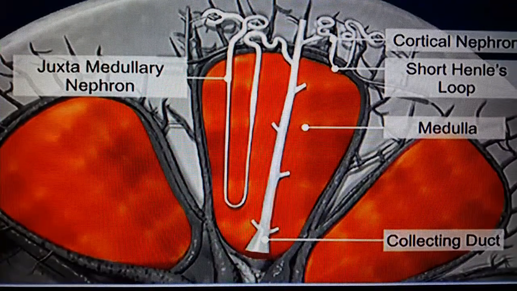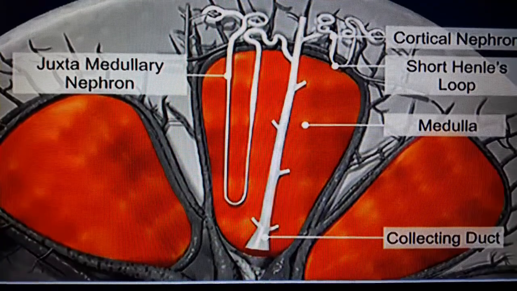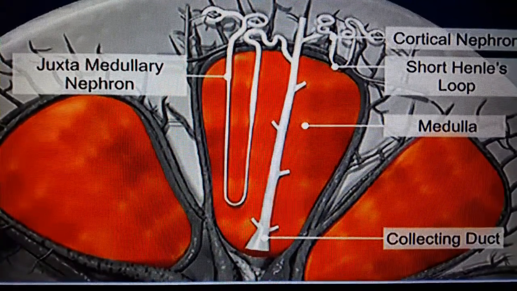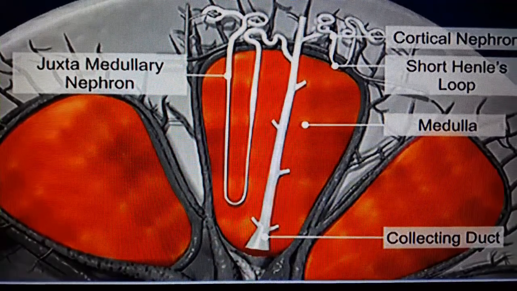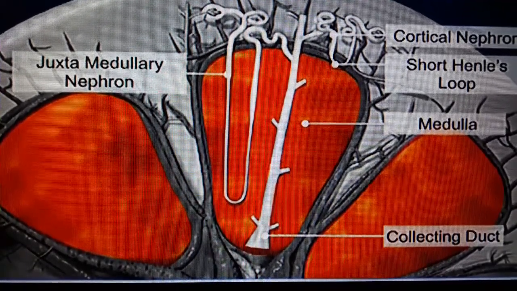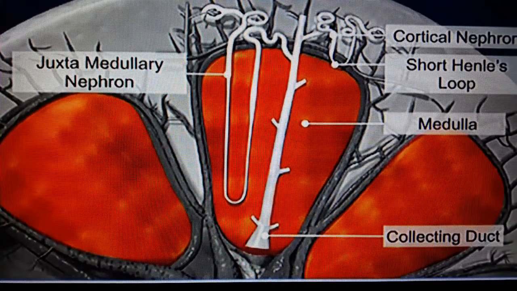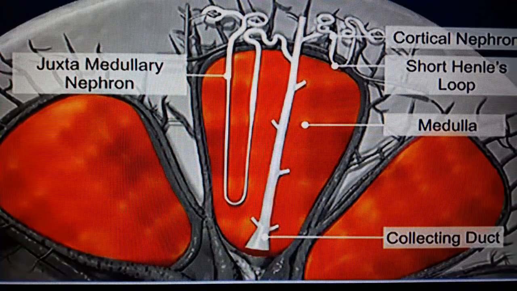So in Bowman's capsule, the squamous epithelium has a lot of podocytes. Function of this epithelium: it allows filtration of blood, and most constituents of plasma can pass through.